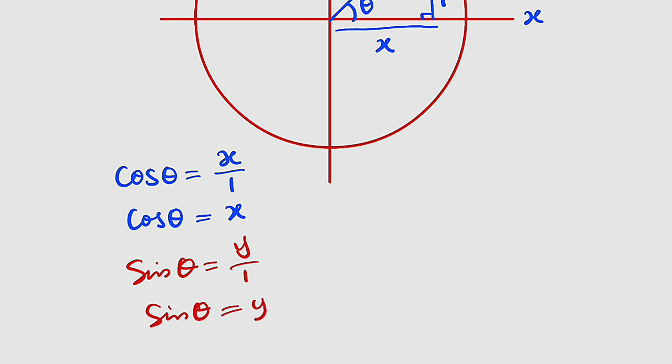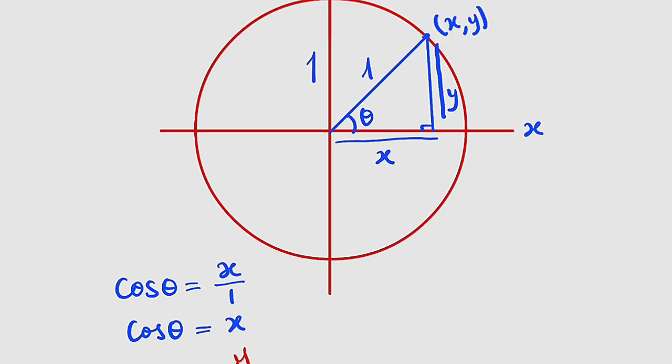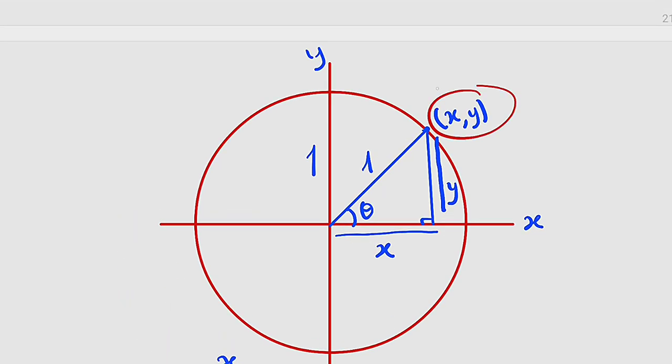And hence we can replace x and y with cosine of theta and sine of theta respectively. Therefore, this particular point will be cosine of theta and sine of theta. So whenever you are looking for cosine of theta, look at the value of x at that point. If you are looking for sine of theta, you should look for the value of y at that point.